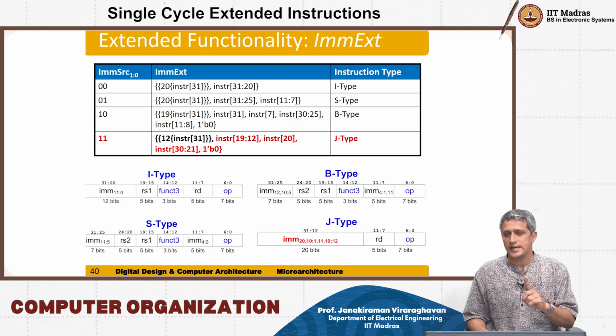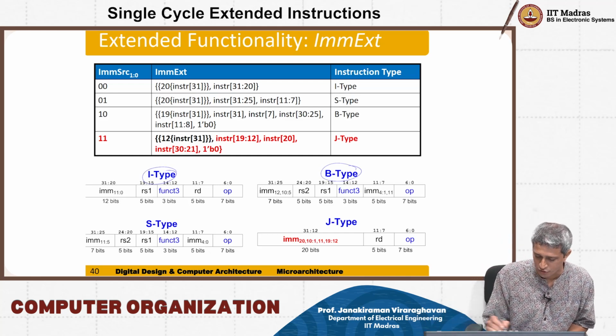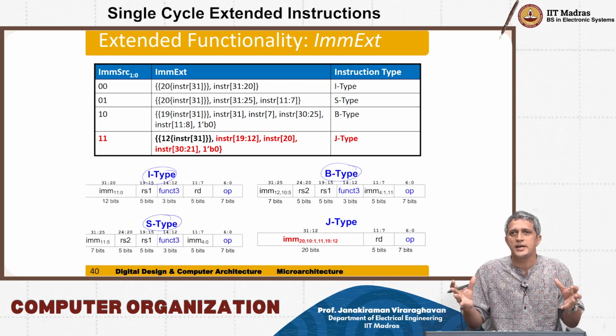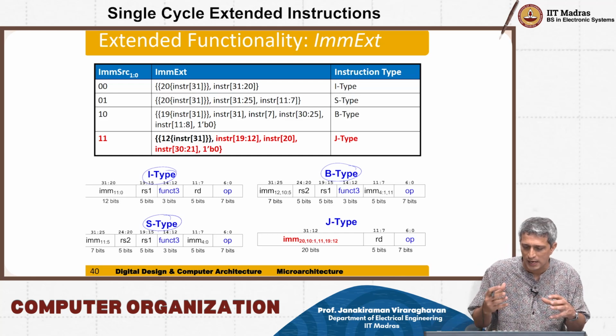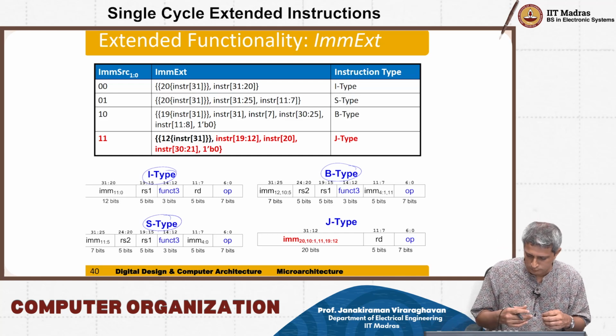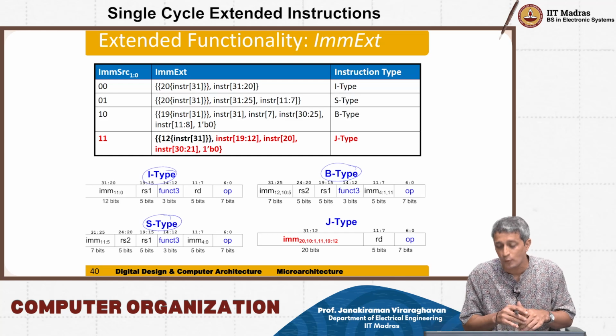Now the immediate data, remember, you look at the I type instruction, B type instruction, S type instruction, the encoding of this immediate data is very different, right? So basically, we have 12 bits in one case, 12 bits in most cases, whereas in the jump type we have 20 bits.